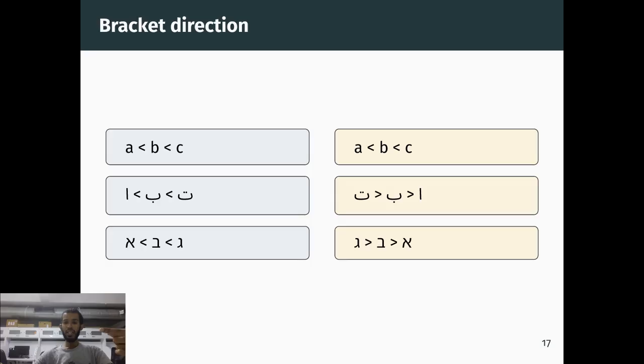It's because when these characters are being rendered, they look around at their surroundings and see that the other characters are of a script which is written from right to left. So these less than symbols will also be rendered in a way that is from right to left.